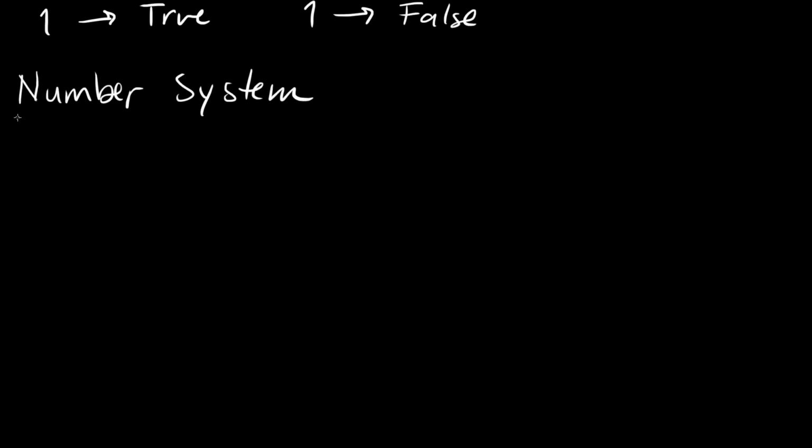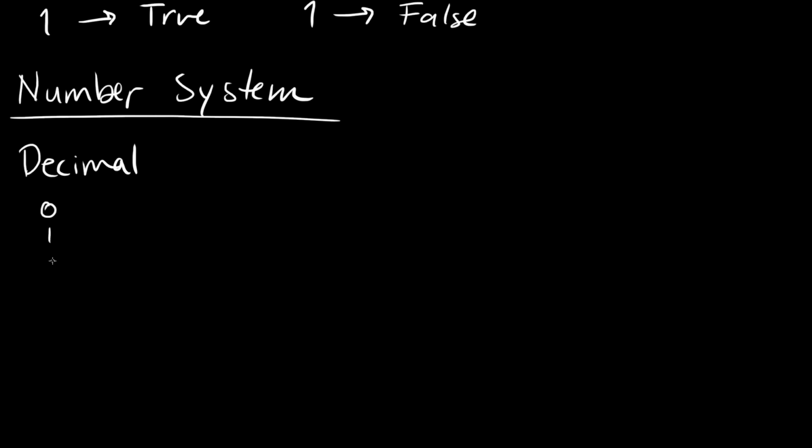So what is a number system? I think the easiest way to start with that is the decimal number system. All of you are familiar with this for sure, because the decimal number system is the one that we use every day.